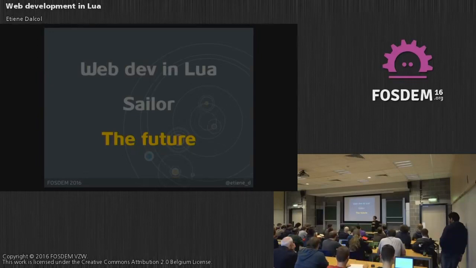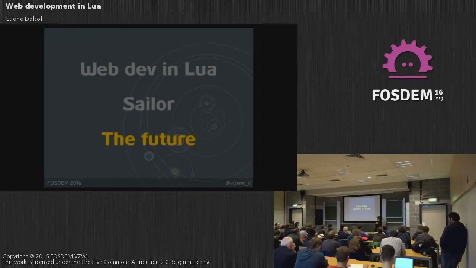But at the same time, I think we need to make available more tools to make web development easy. And as Lua is already an easy language, I think this will be just the perfect combination, plus the performance. So yeah, we need to make it happen. We need to gather people and start coding and do more things.